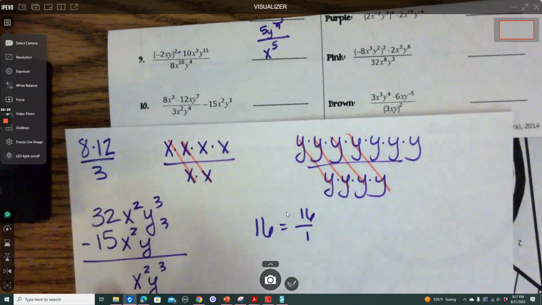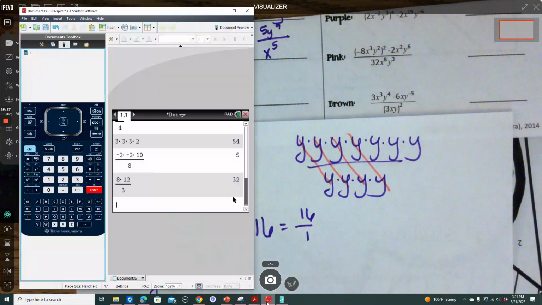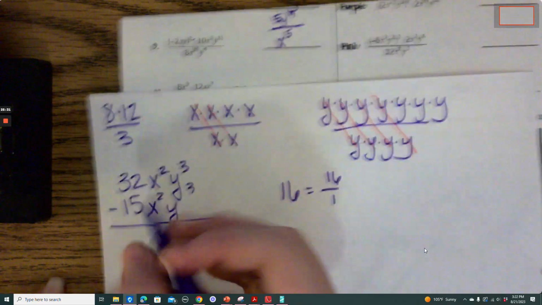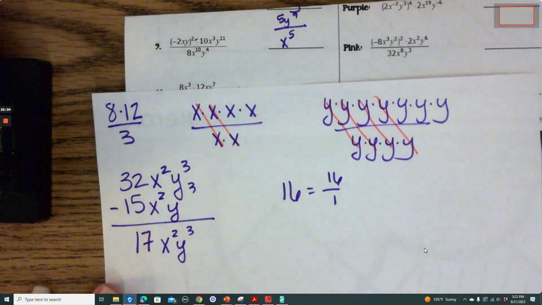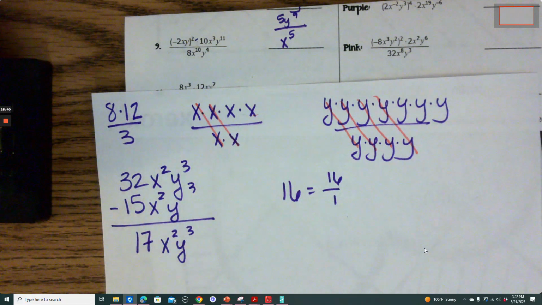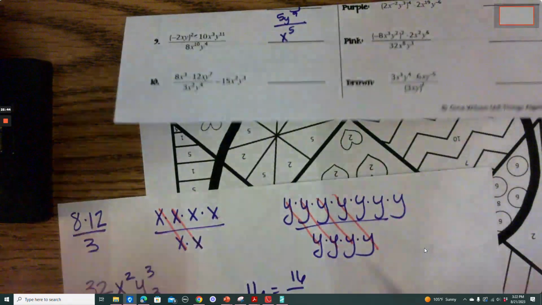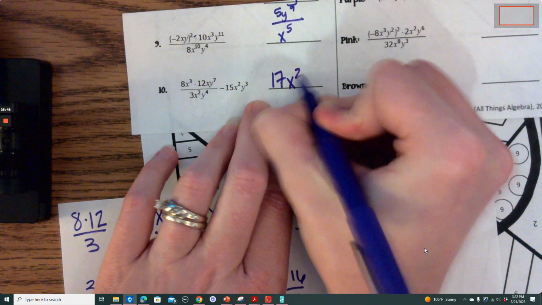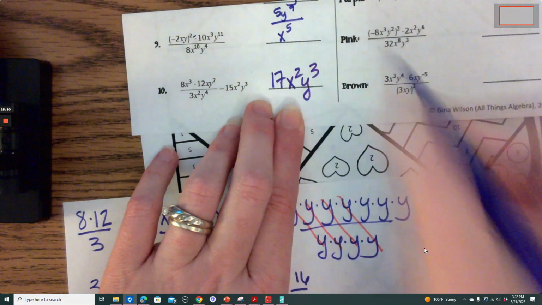And I just do 32 minus 15. And I get 17. Again, it's those subtraction ones like that. They're real simple to do, but it's really easy to forget what you're supposed to do. Okay, so 17 x squared y cubed.